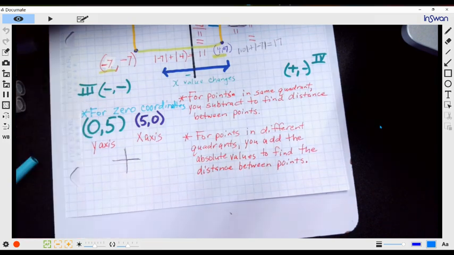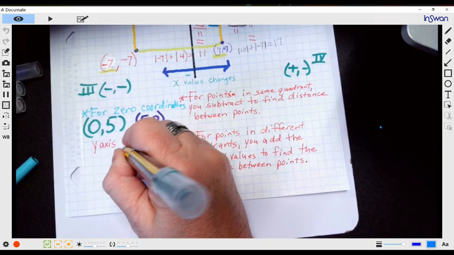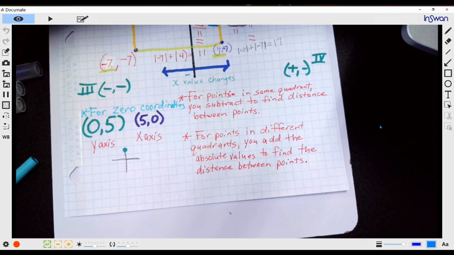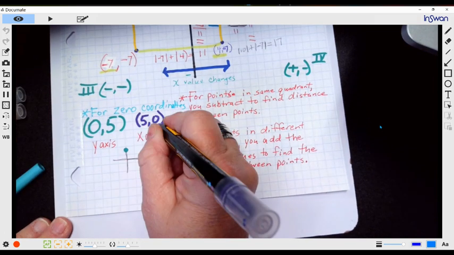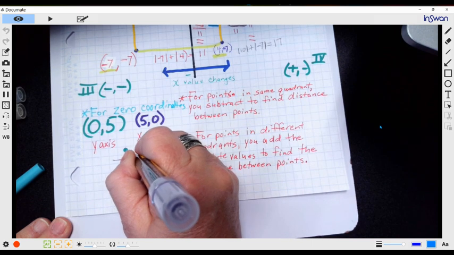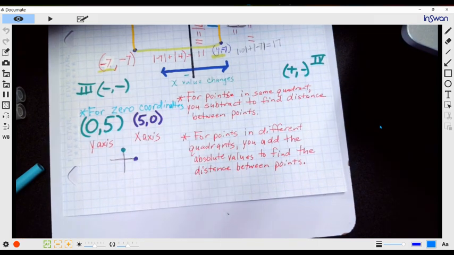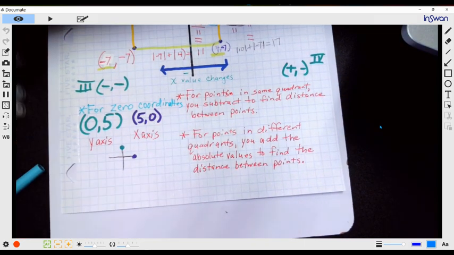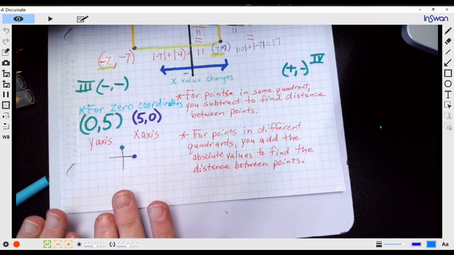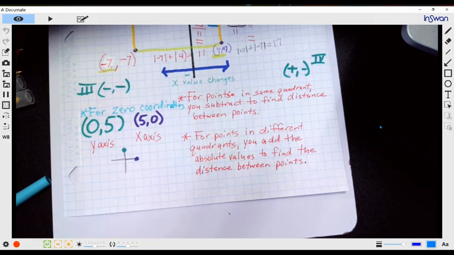And that clearly is going to be on the y-axis. If I have 5, 0, that is going to be over 5, my y is 0, so I'm not going up or down. So that's going to be on the axis as well. And if you draw a little basic coordinate plane, you can plot and decide where those values are.